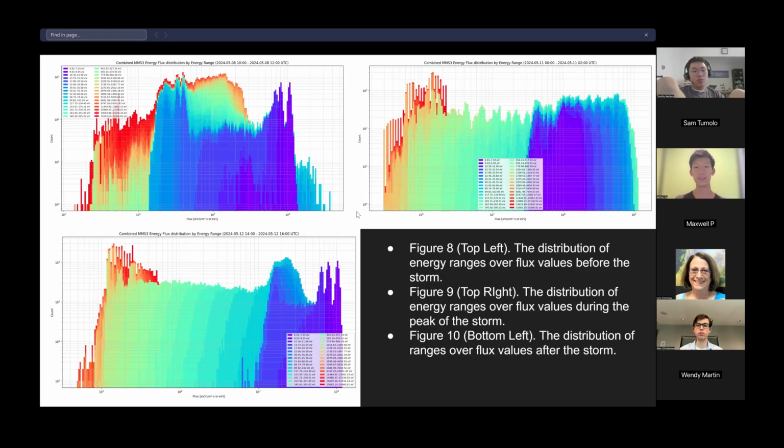Now these three plots are the distributions of the energy ranges relative to the flux. So this is how much activity there is, again before, during, and after the storm.